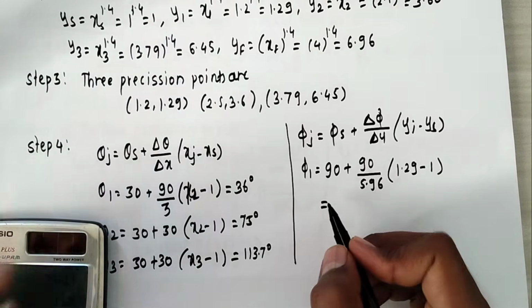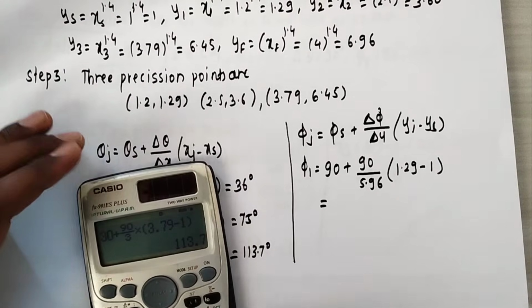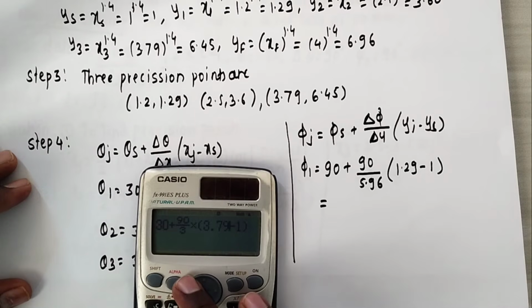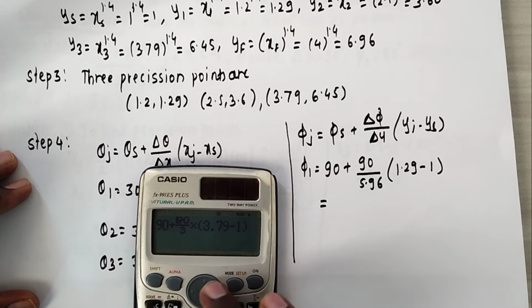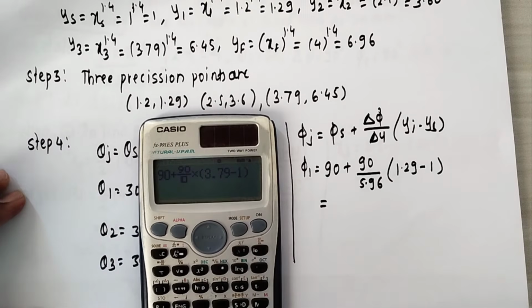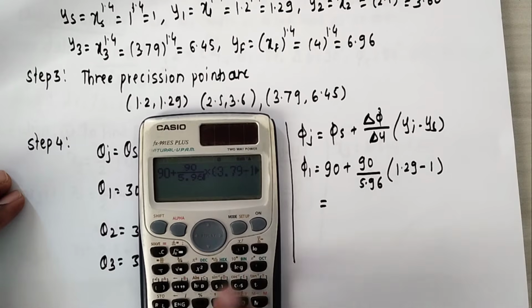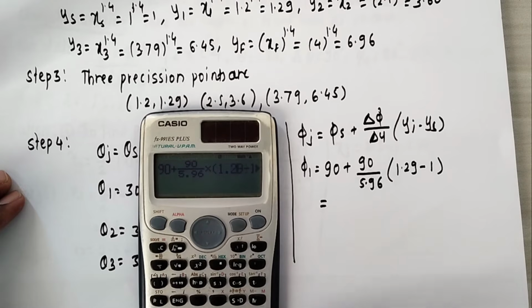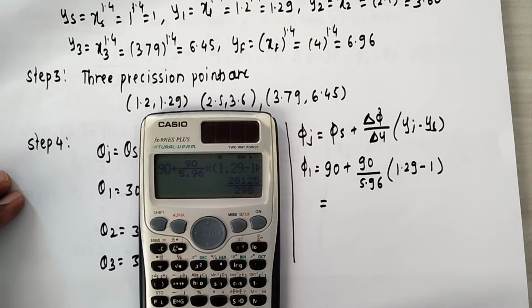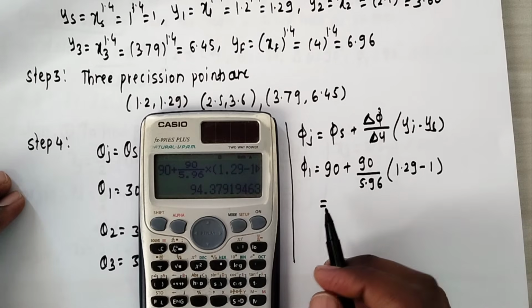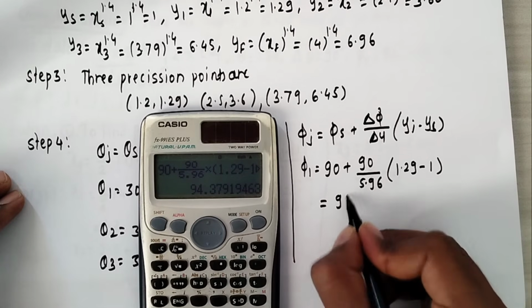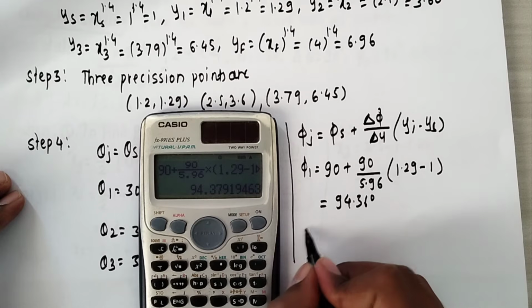So 90 degrees plus 90 upon, instead of 3 it is 5.96, into 1.29 minus 1. So you can check, the first answer is 94.36 degrees.